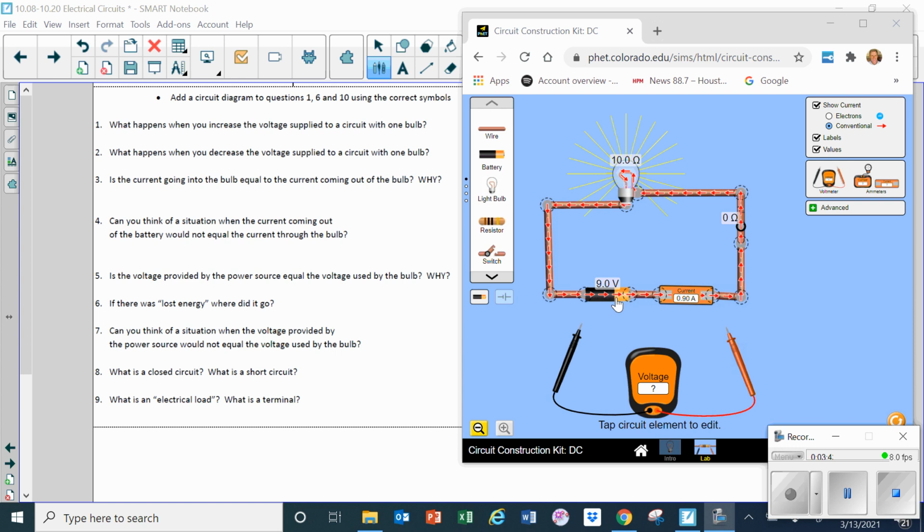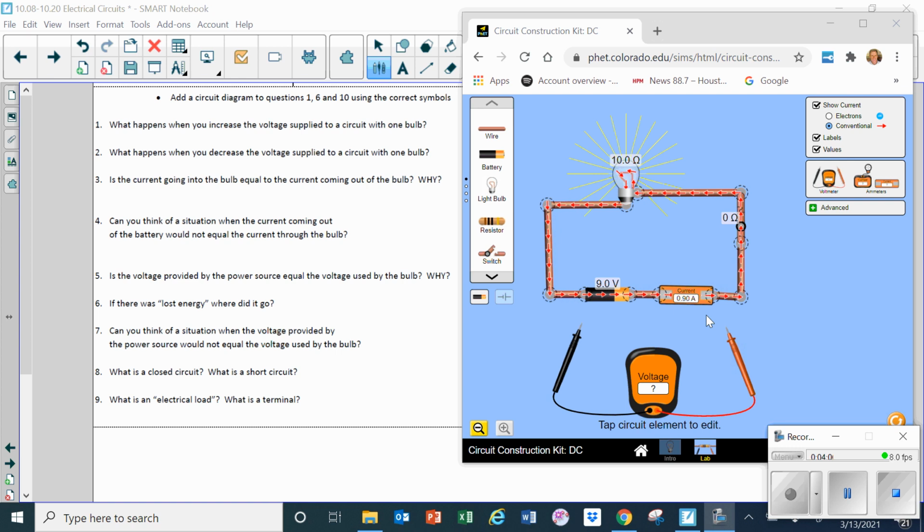And the current is the red arrows. You can see they're leaving the positive side of the battery, going through the circuit, through the bulb, and then coming back to the negative side of the battery, okay? There are two meters that I have available. One is the ammeter, which is built into the loop, or on the loop, you could say that.